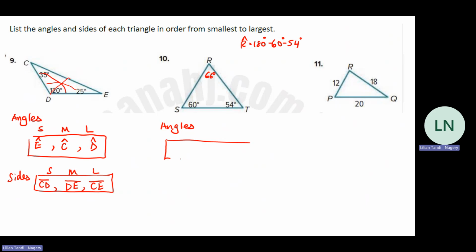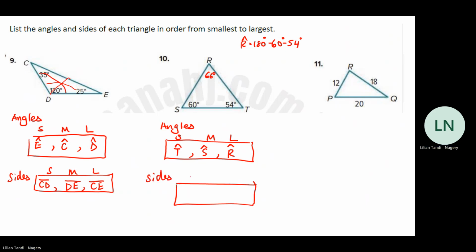So you will do S, M, L. Smallest is T because 54 is the least. Then followed by S. Then followed by angle R. Then let's do the sides. Small, middle, large.